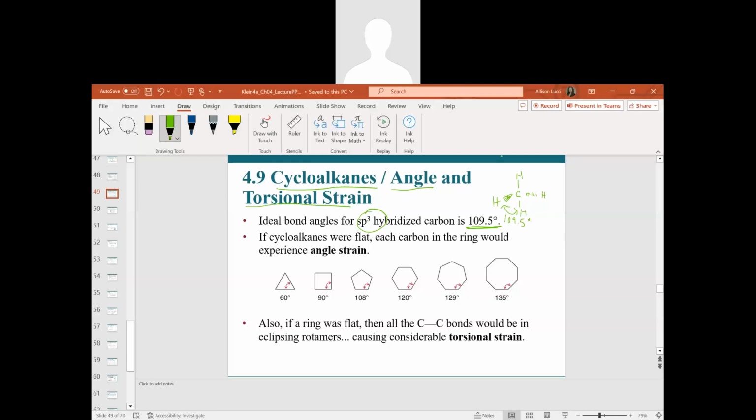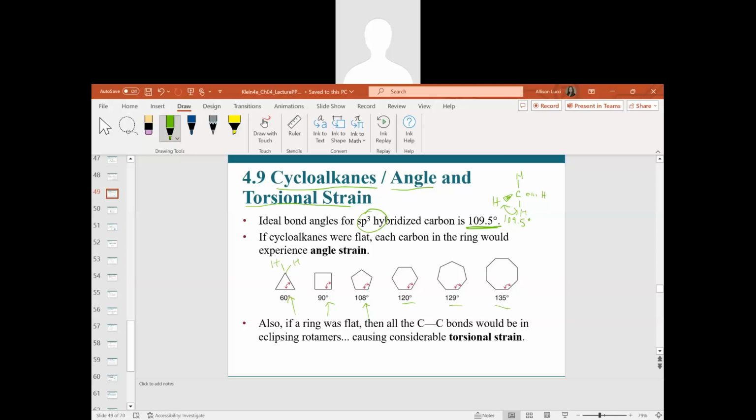So now, if we have cyclic structures, we can see these carbons are all sp3 hybridized, right? They all have these hidden hydrogens. So we are far from that 109.5 with cyclopropane, still pretty far with cyclobutane, and with cyclopentane, getting even closer. And then we have some wider angles as well.